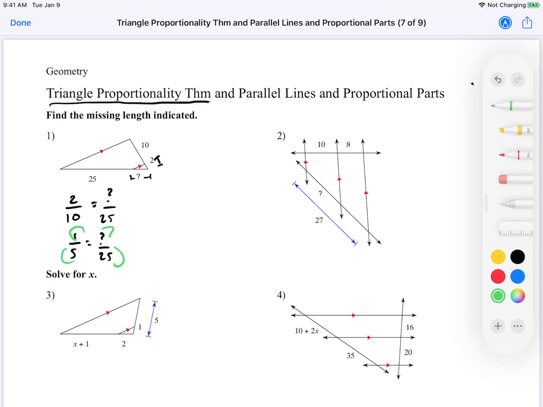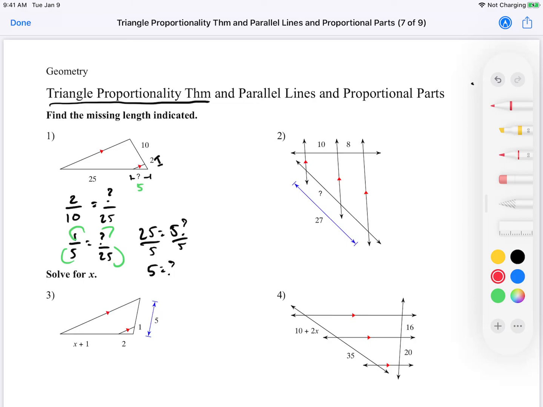So what I'm left with is 1 times 25, so 25 is equal to 5 times question mark. Divide both sides by 5, and I get 5 is equal to question mark. So essentially, this side right here is 5. Okay? Any questions on that?